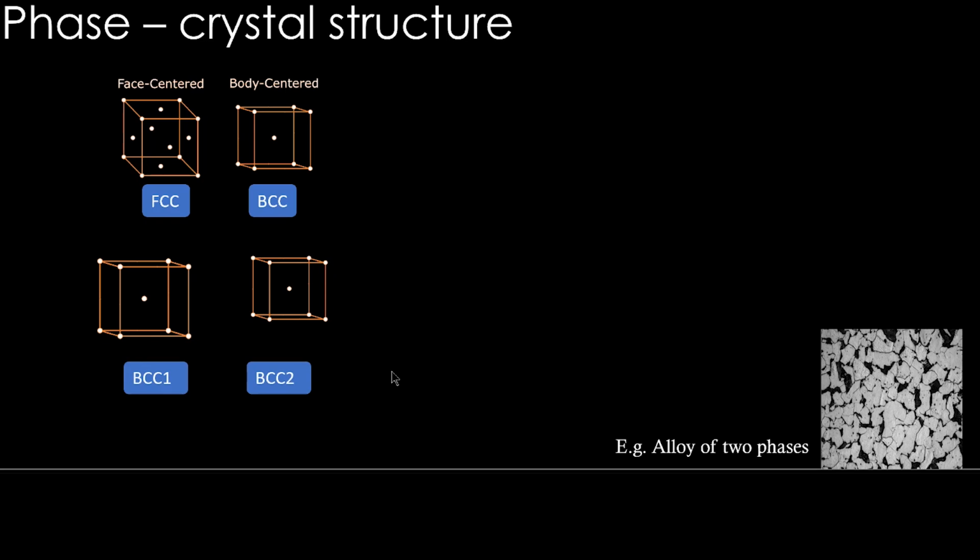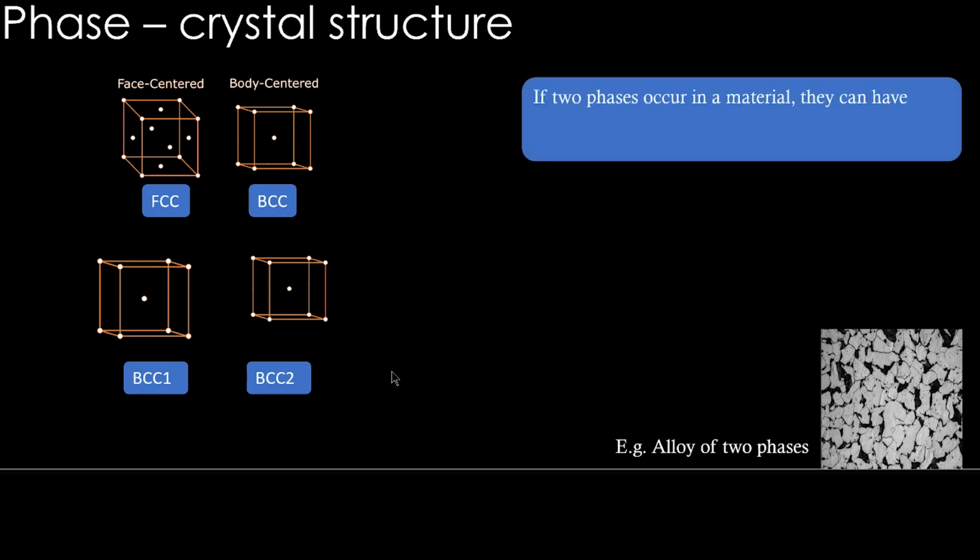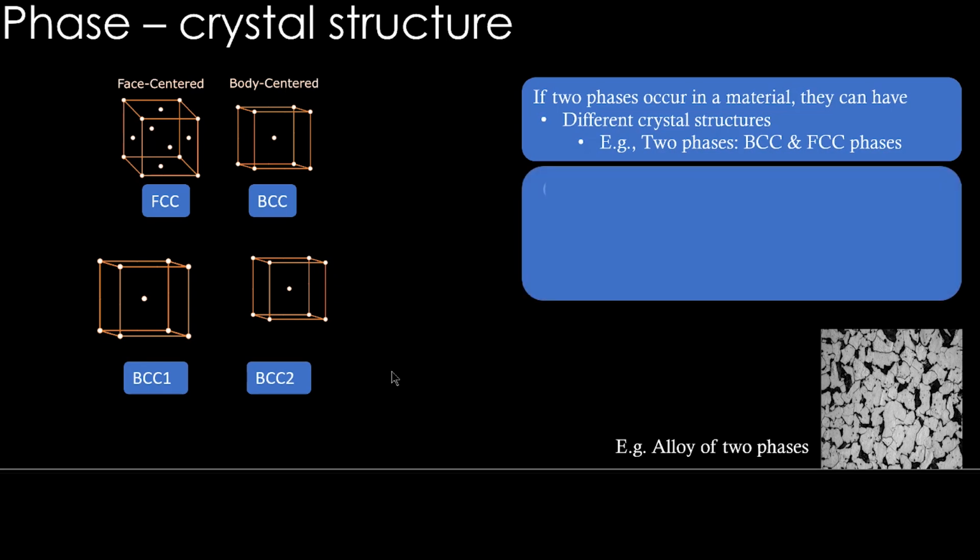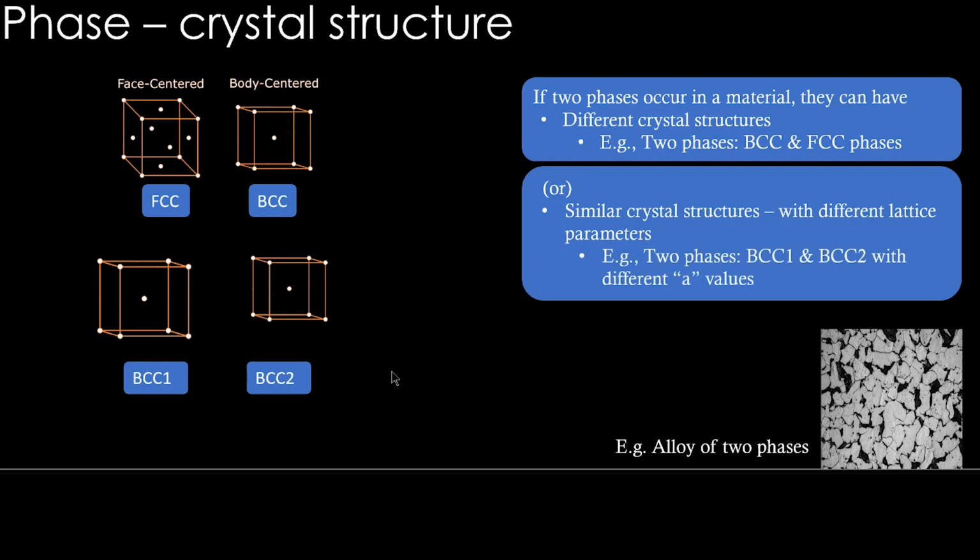So if 2 phases occur in a material, they can have different crystal structures, such as BCC and FCC, or they can have similar crystal structures with different lattice parameters. For example, 2 phases BCC 1 and BCC 2 with different A values.